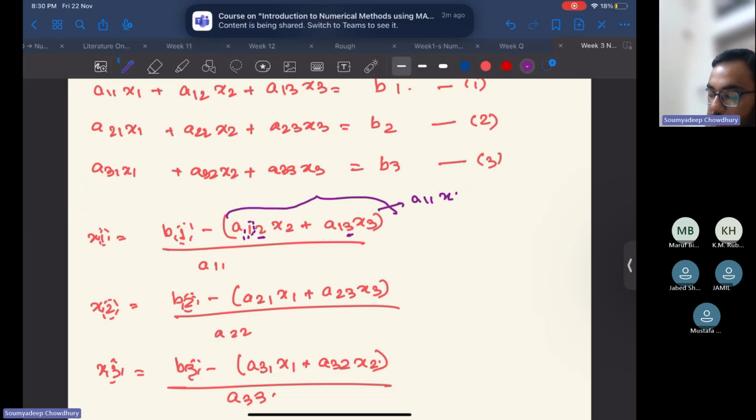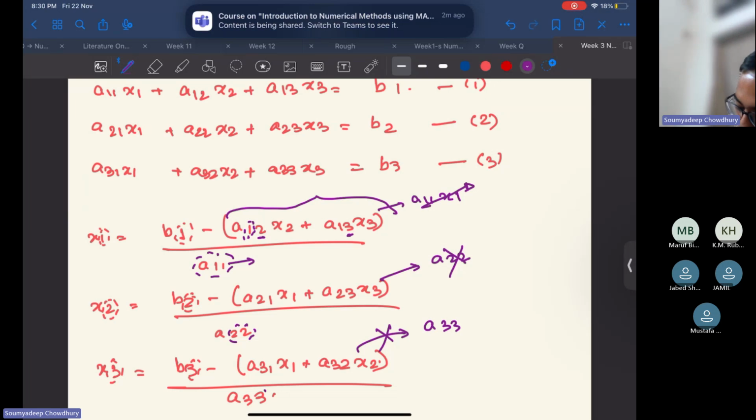Here the a11 term is not there. Similarly here a22 term is not there. Here a33 term is not there. So this thing you have to understand, and the denominator is a11 for x1, a22 for x2, and a33 for x3. So you can generalize it. Is it clear?